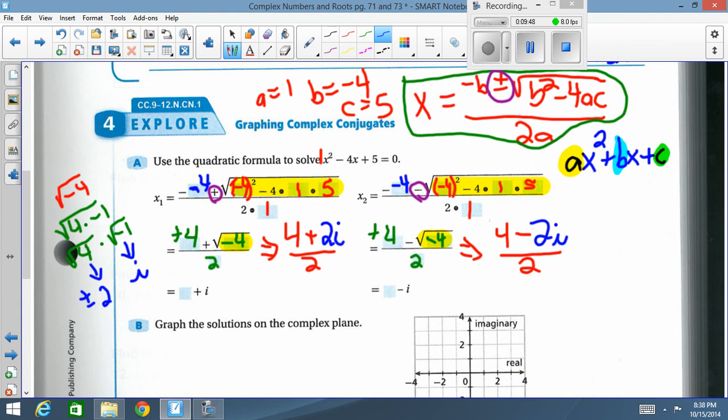Now, you will find yourself getting more comfortable with that to where you don't have to write that out. You can just go to it. All right?